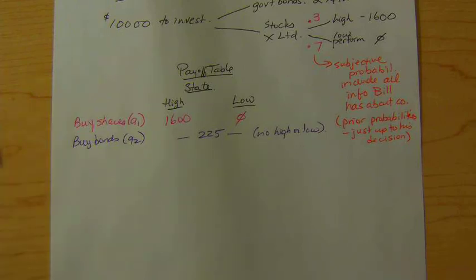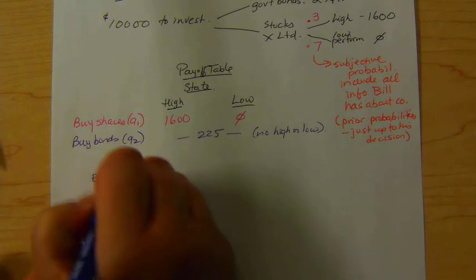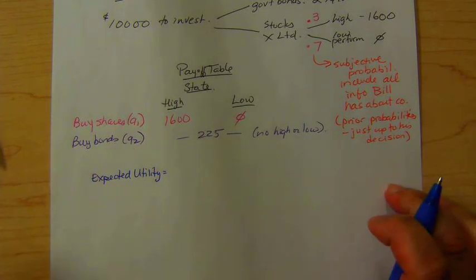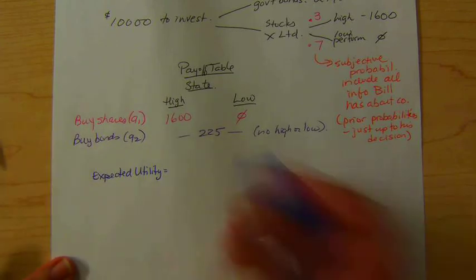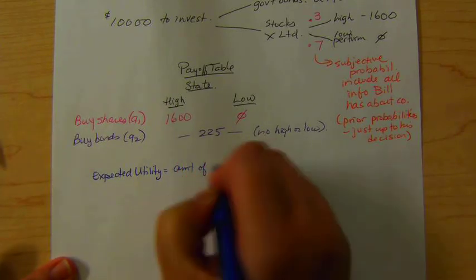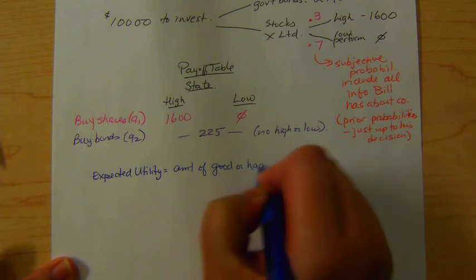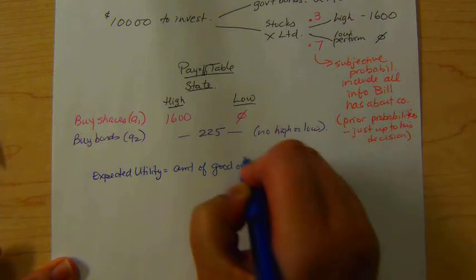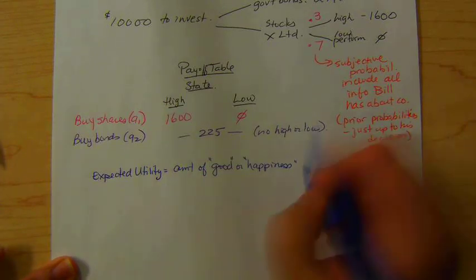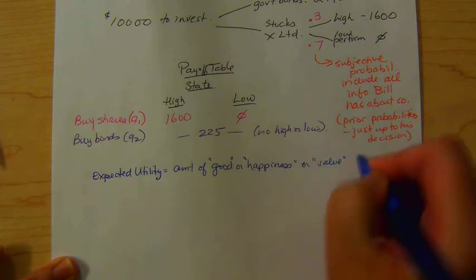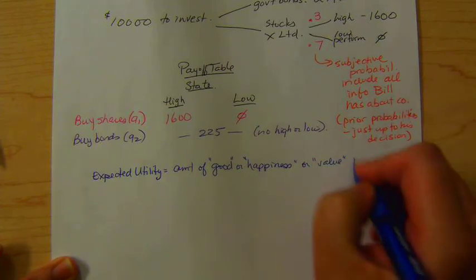So, of this, the expected utility, and you can kind of think of utility as happiness, okay? It's not just dollars, because our emotions like nervousness and risk averseness, but the expected utility is the amount of good or happiness or value that is expected from a decision.